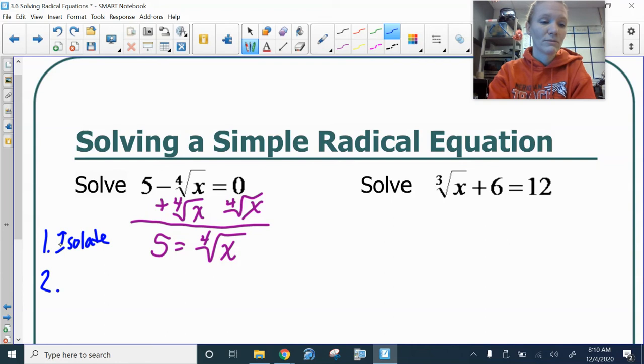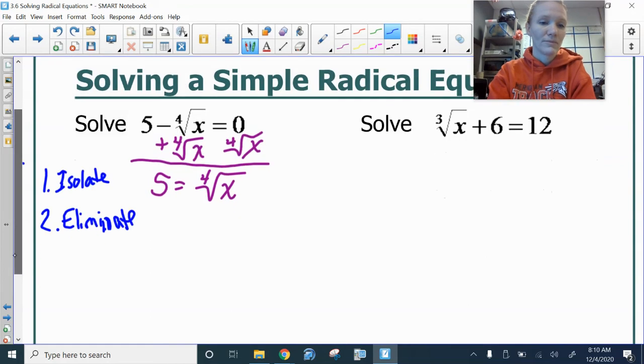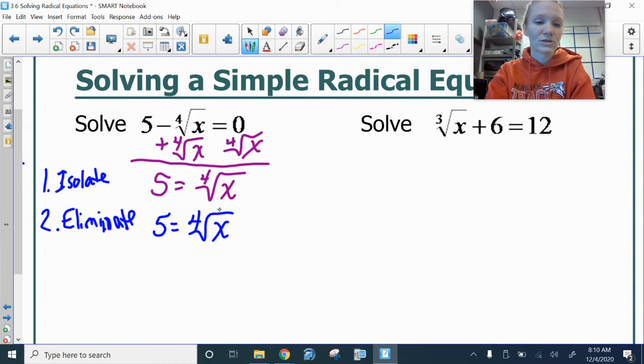Step 2, eliminate. We want to eliminate the exponent, or in this case, our radical. So if I have 5 equals, I'm going to rewrite it here. If I want to get rid of the 4th root, then I'm going to raise it to the 4th power.